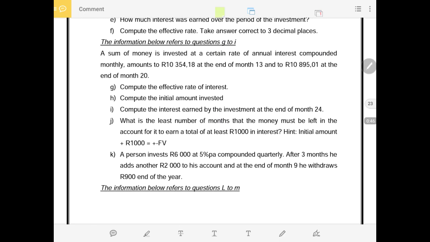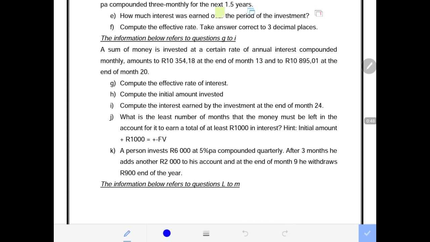Now it says a sum of money is invested. Remember, a sum of money is a sum of money, and we don't know how much that sum of money is until we calculate it. A sum of money is invested at a certain rate of annual interest, compounded monthly.